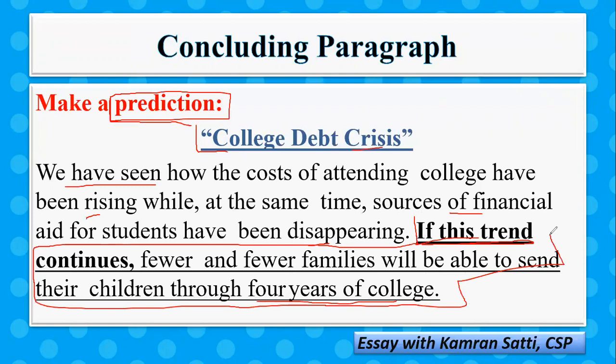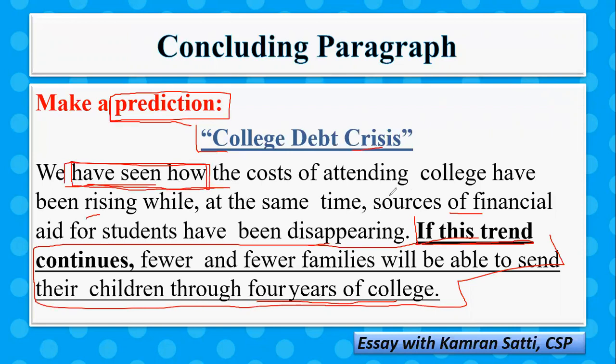Now, once again, important: we have seen how the costs of attending college have been rising. This means that we have already discussed it in our essay. We are not making this prediction out of thin air or on the basis of something we haven't discussed in our essay.